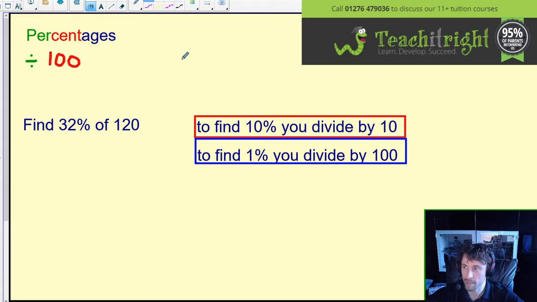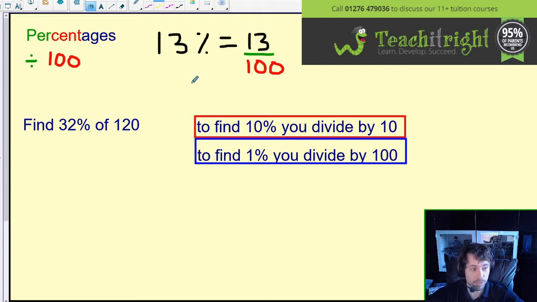If I gave you an example and asked, what is 13% equal to? I can say, well, 13, let's write it out, 13 divided by 100.